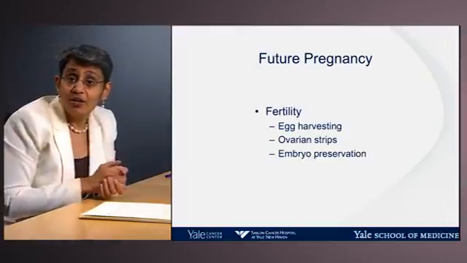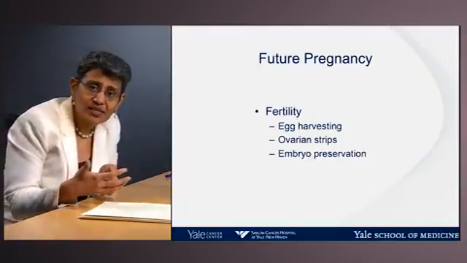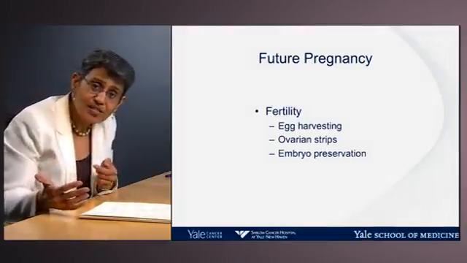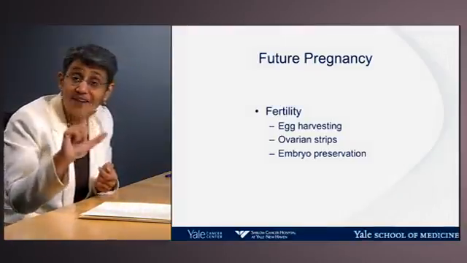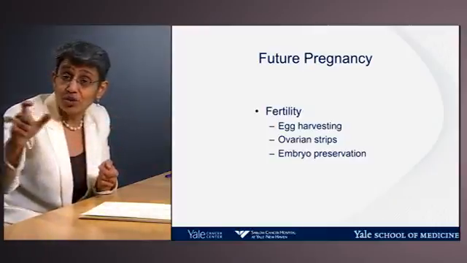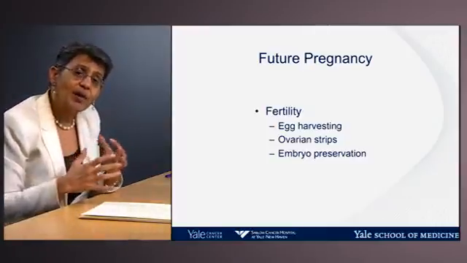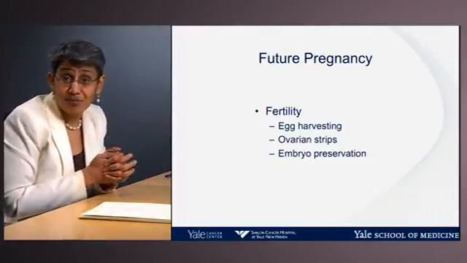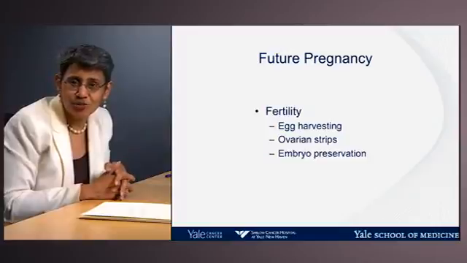Many of you may be near fertility centers that can help with this, but this oftentimes needs to be done before chemotherapy is started. So it's important to have a conversation with your patient, or for patients to have a conversation with their doctors to talk about fertility preservation if you end up getting breast cancer before you've finished having all of the children that you want.